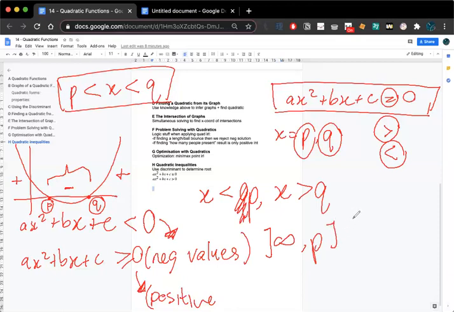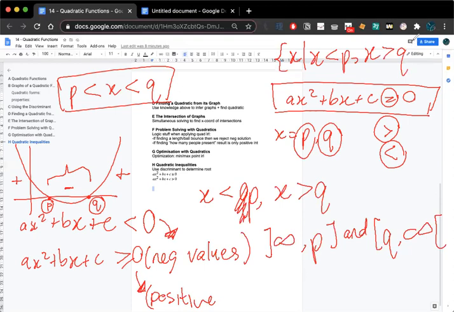There are several ways for you to write it. There's also the set notation format. We write it in the form of x such that x is less than p or x is greater than q. So yeah, there are several ways to write it.